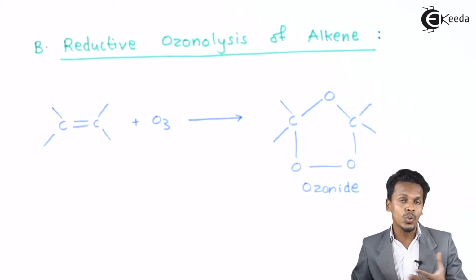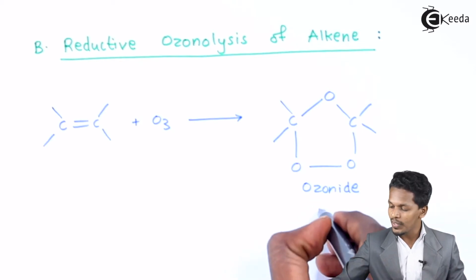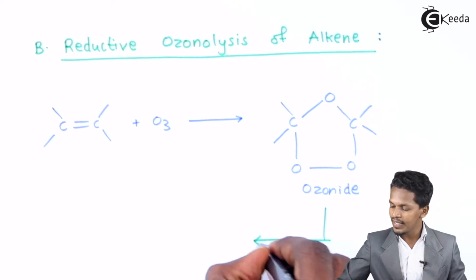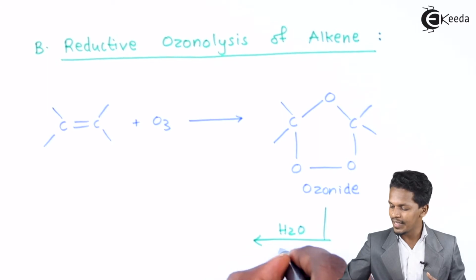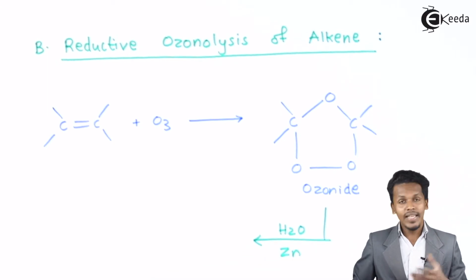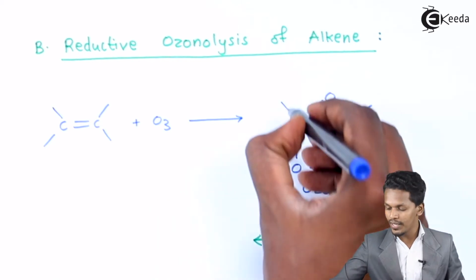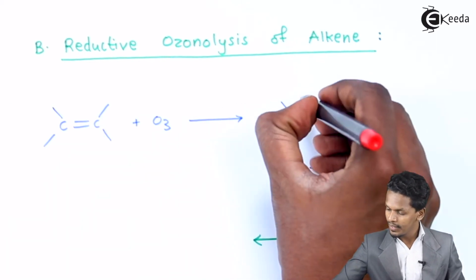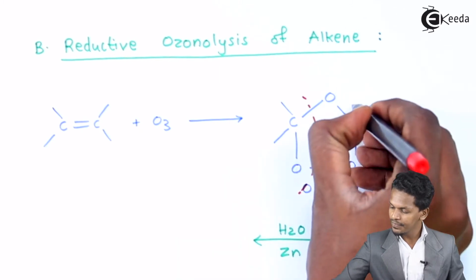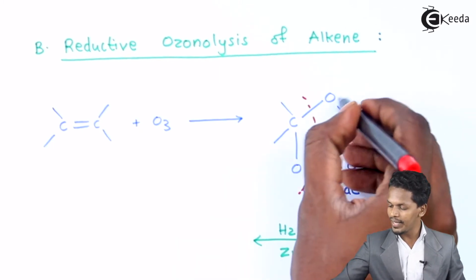So it will undergo the hydrolysis process in presence of H2O and zinc. In this process, this bond as you could see over here will break in this manner. Meanwhile this also will break in this manner.